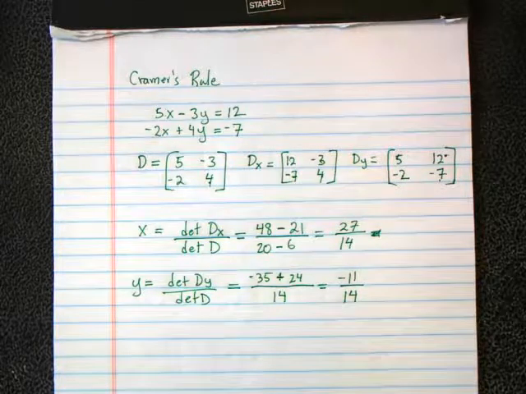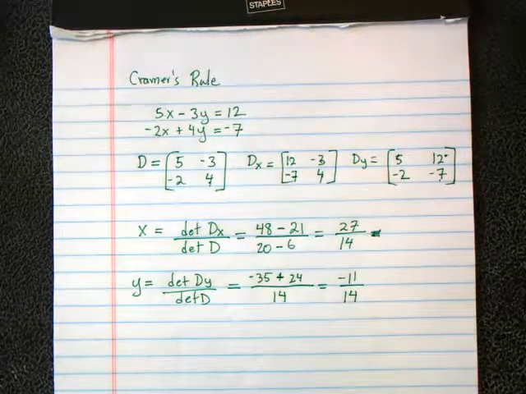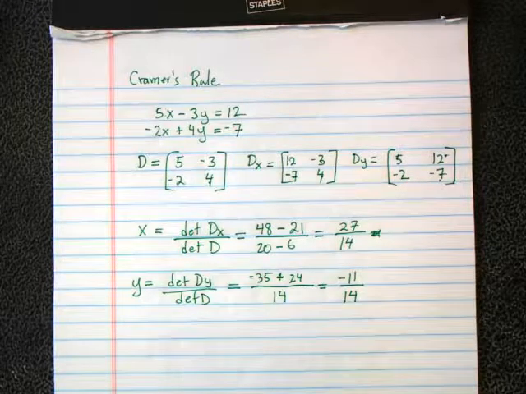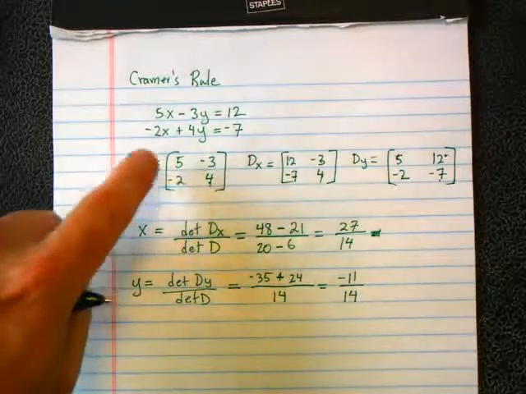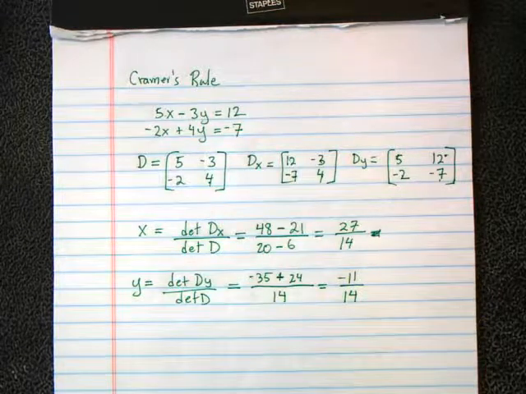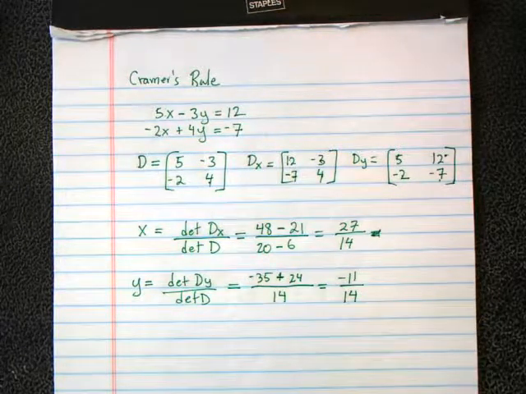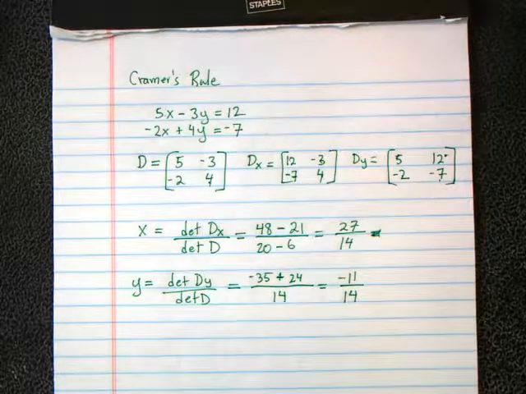Unfortunately, finding the determinant for a 3x3 matrix is much harder than a 2x2. So Cramer's rule is really mostly only a good technique when you have 2 equations with 2 variables. If you have 3 equations with 3 variables or 4 and 4, finding determinants gets very hard, very cumbersome. So it becomes much quicker to do it using other techniques.